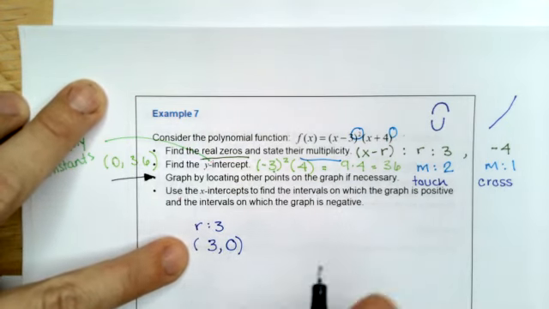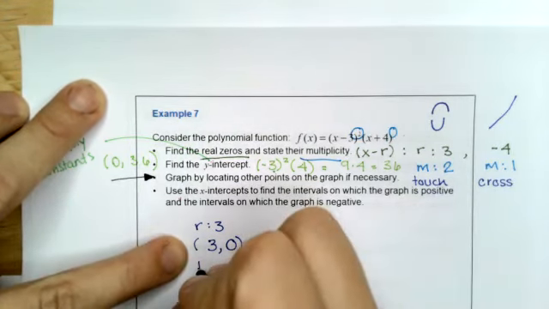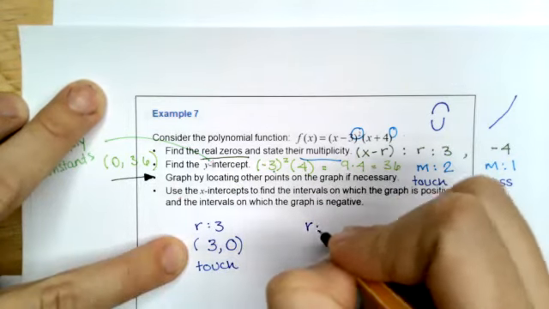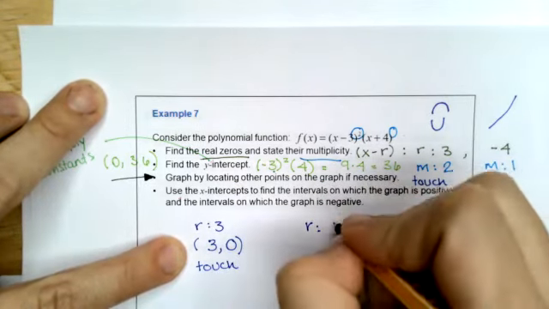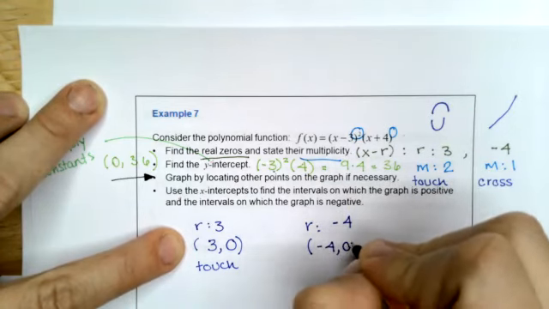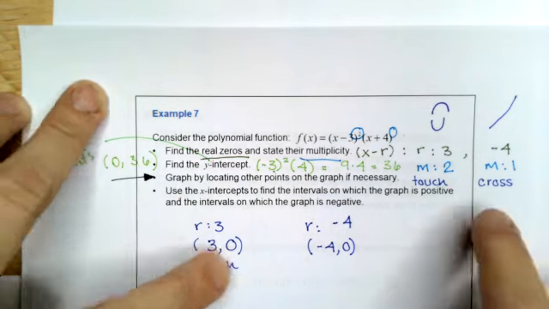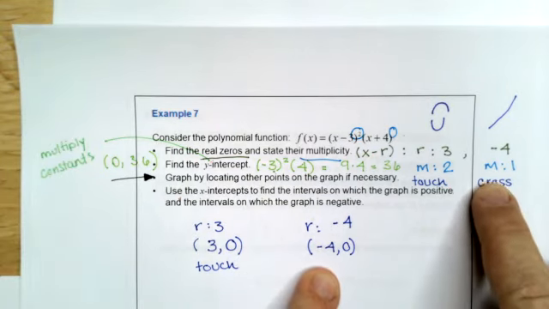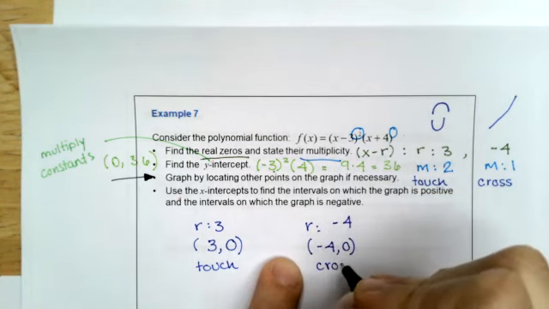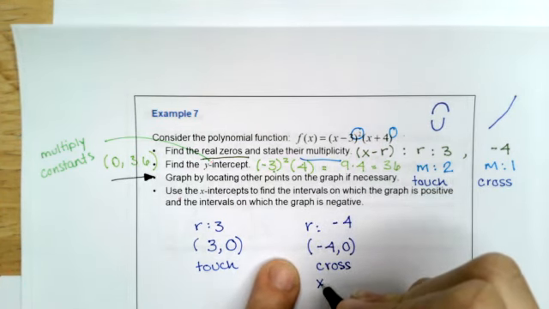So at (3, 0), it's going to touch the x-axis. This one was -4. That means the point is (-4, 0), and because it has a multiplicity of 1, that's an odd multiplicity, so it's going to cross the x-axis.